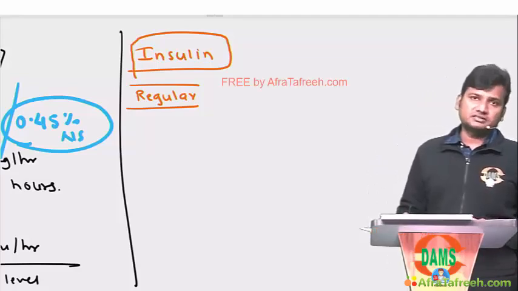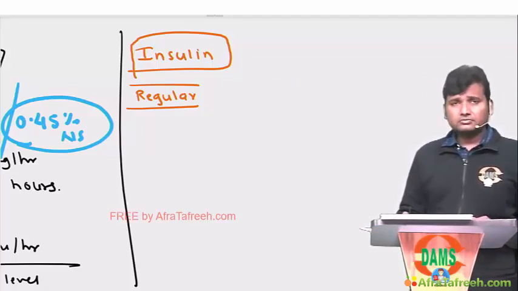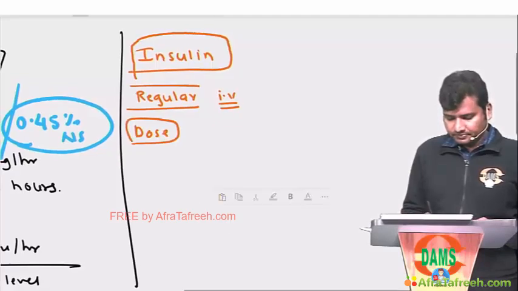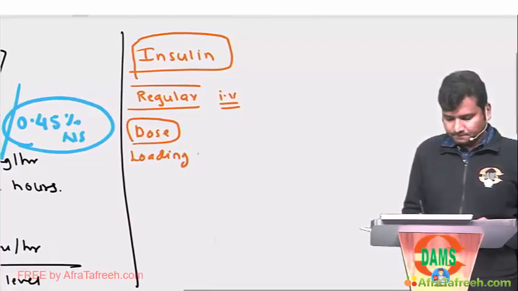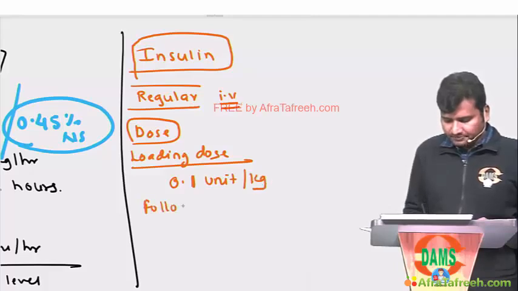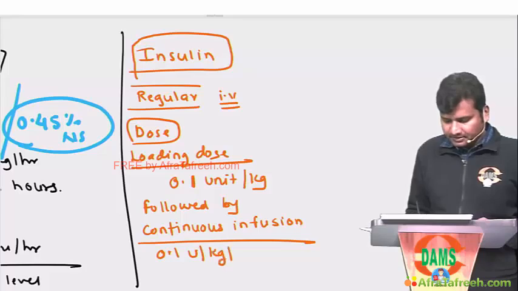It is an endocrine emergency, so we give insulin intravenously, and the loading dose we give is 0.1 unit per kg, followed by continuous infusion at the rate of 0.1 unit per kg per hour.